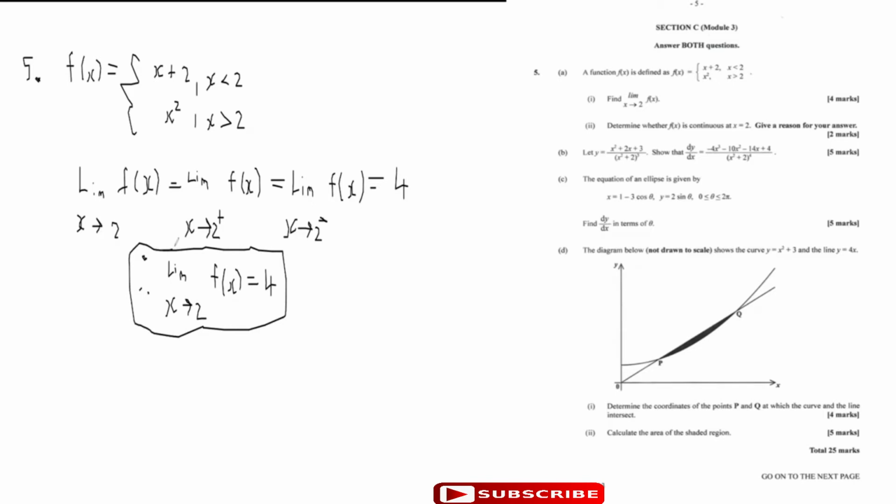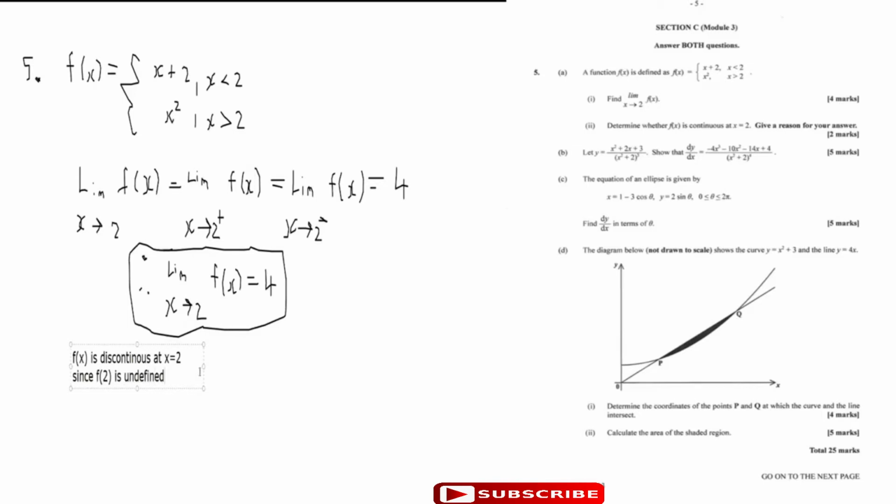Now it says determine whether f of x is continuous at 2. Now f of x is clearly not continuous at 2. f of x is discontinuous at x equal to 2 since f of 2 is undefined.